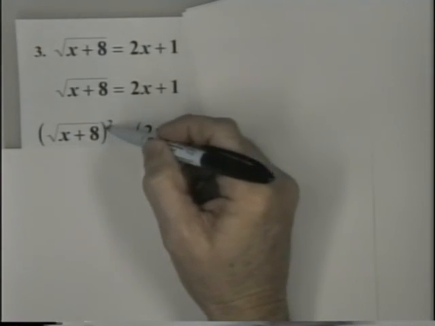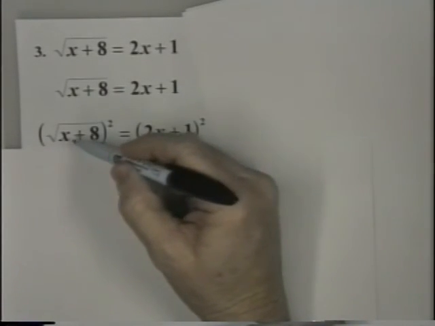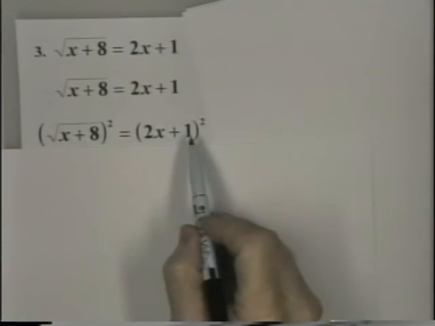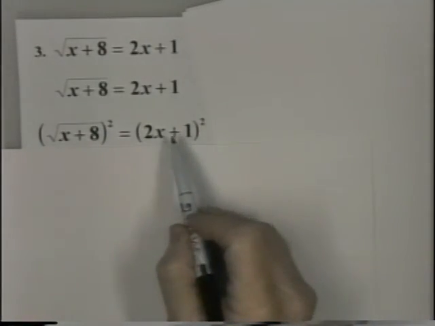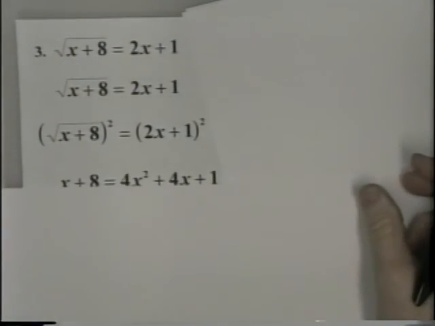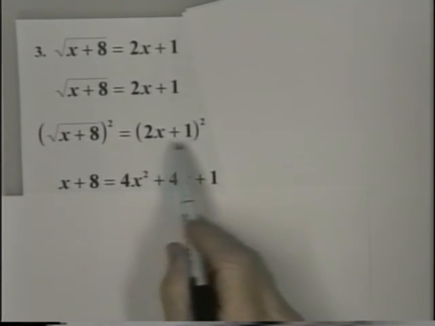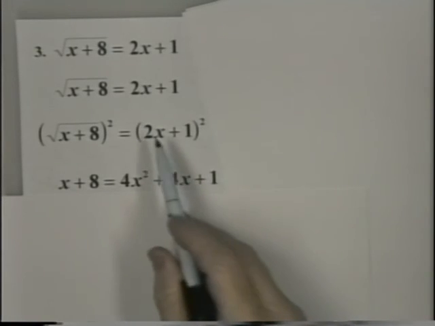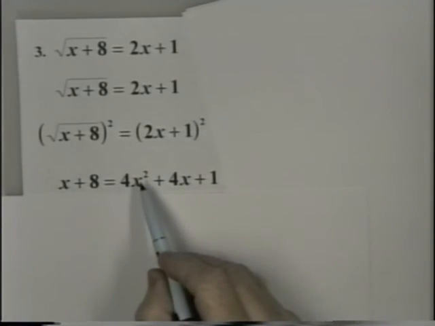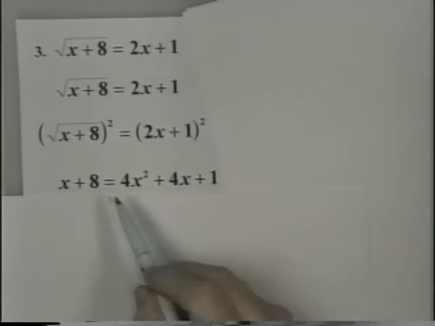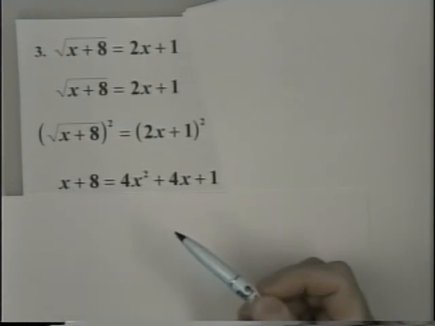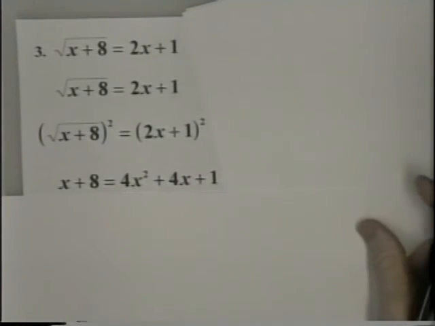So of course we know if we square this square root, we're going to get just what's underneath the radical. Well, look here, when we square this, we got to square a binomial, and so we get, using FOIL or using the patterns, 4x squared plus 4x plus 1 equals x plus 8, and then solve by the appropriate method.